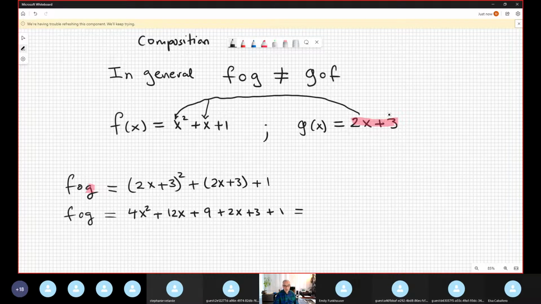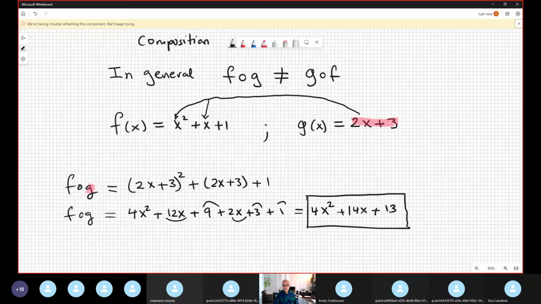Now combine like terms, why not? To express it more condensed, you see that these are like terms, get 14x, and this is 13. Okay, and this is the expression that corresponds with the composition.